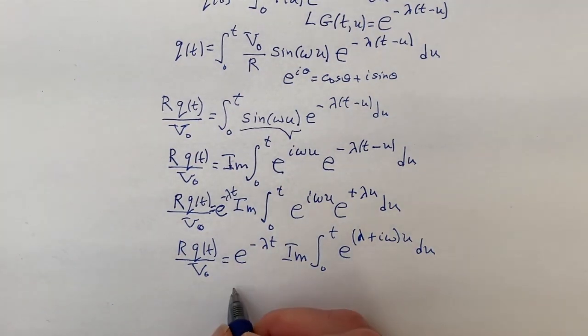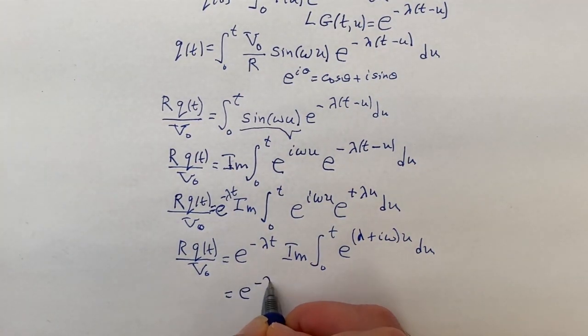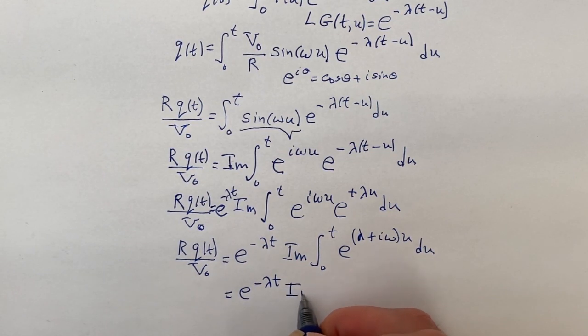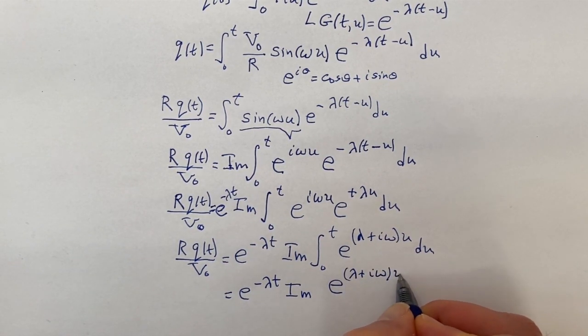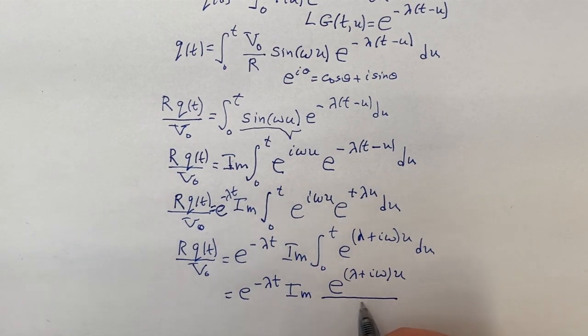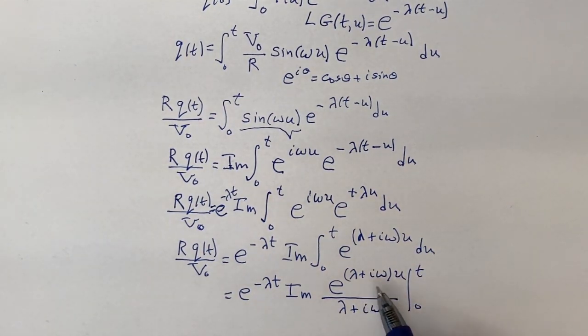So this is going to be e to the minus lambda t, and this is going to be the imaginary part of, now this integral is easy to do, e to the lambda plus I omega u over lambda plus I omega, evaluated from 0 to t. So if you were to differentiate this, you would pull down the lambda plus I omega, which would cancel down there, and you would get the proper integrand. So that looks good.